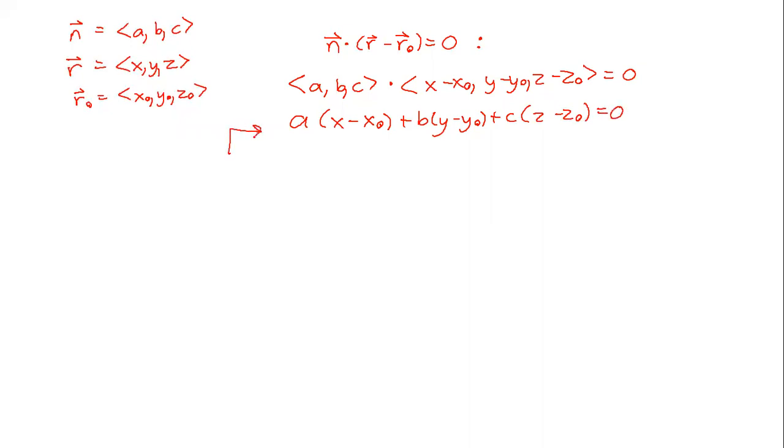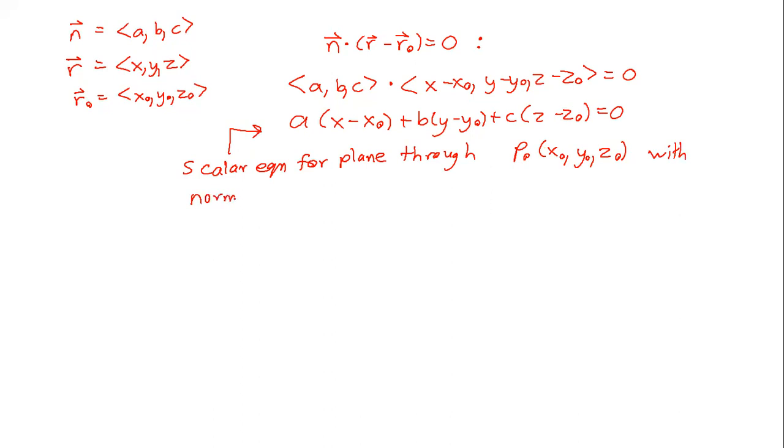So this is the scalar equation for the plane through the point P0 of X0, Y0, Z0 with the normal vector n equal to ABC.